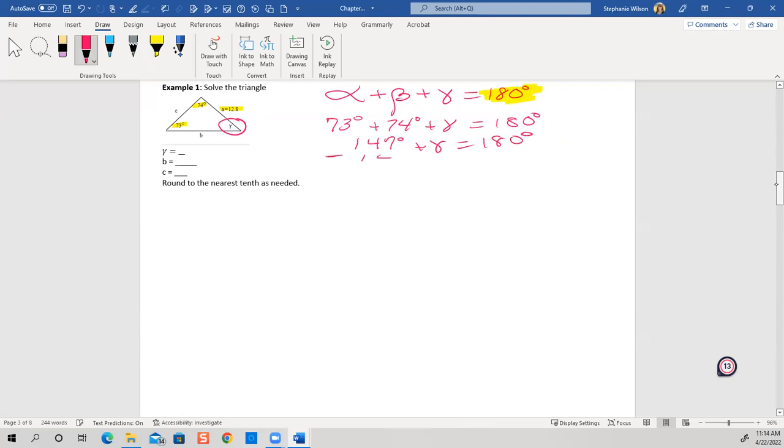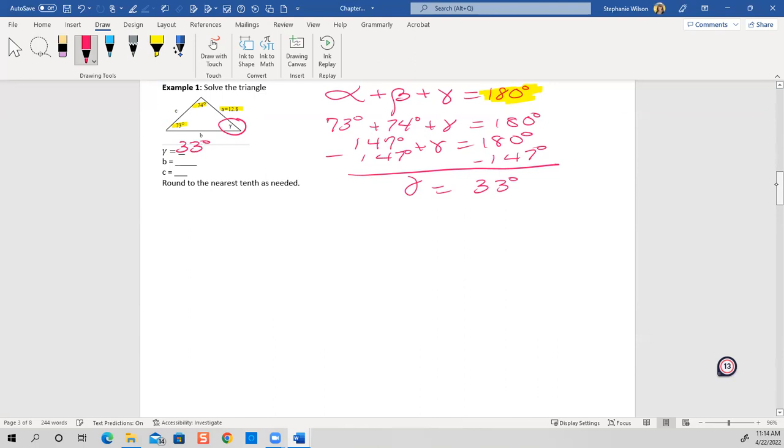Subtracting 147 from both sides, gamma is equal to 180 minus 147, which gives me 33 degrees. Now I know what gamma is.